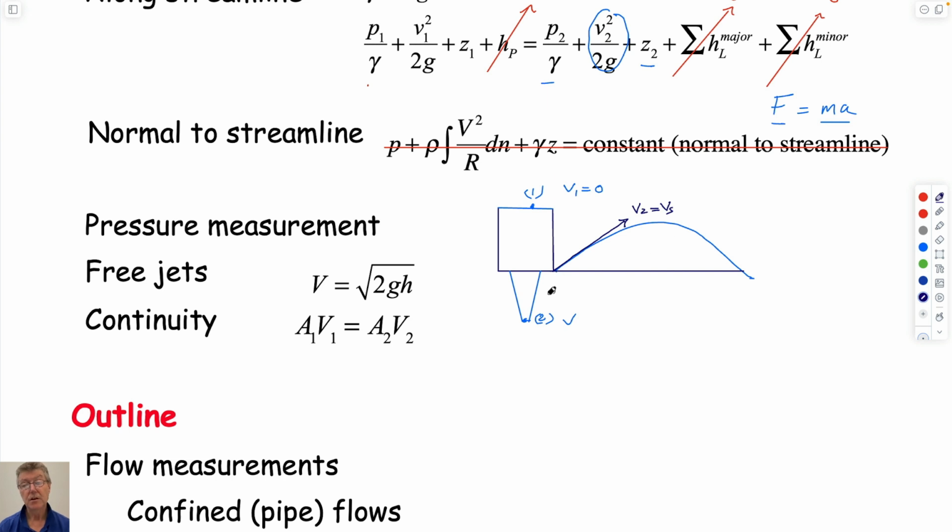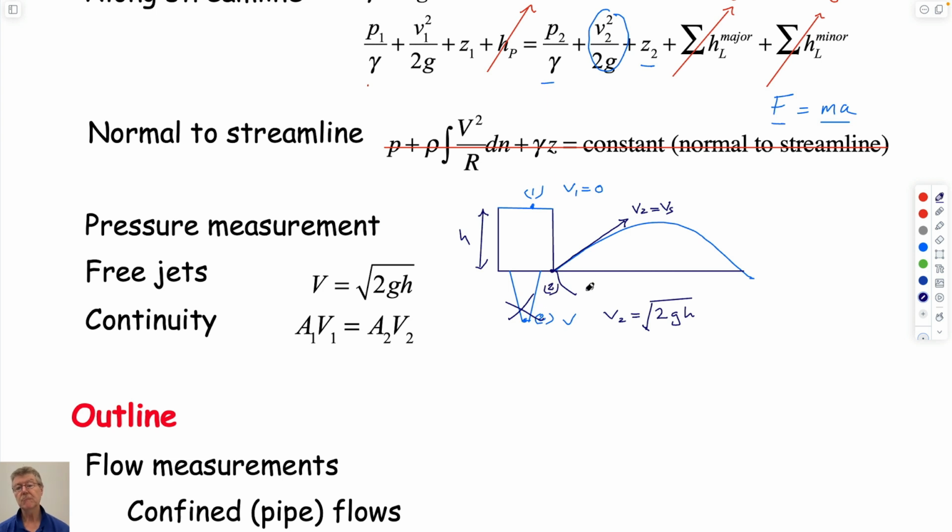Where it comes out of here, v2 still equals the square root of 2gh, where h now would be just this, of course. We've closed this off, right? So this would be 2gh, and we'd get that just by using Bernoulli between point 1 and the new point 2.